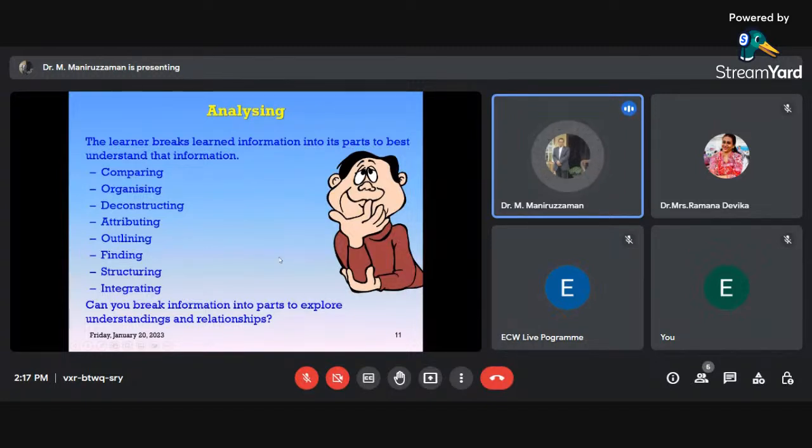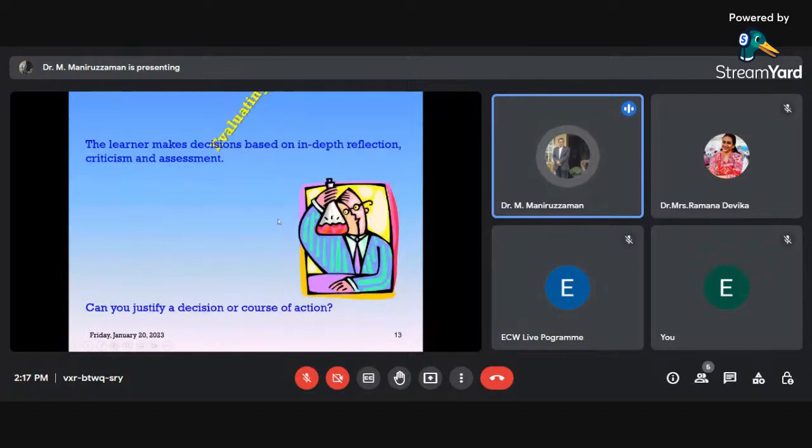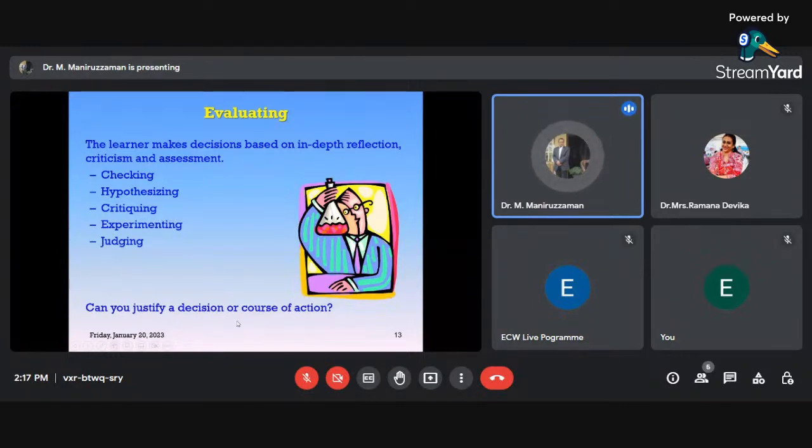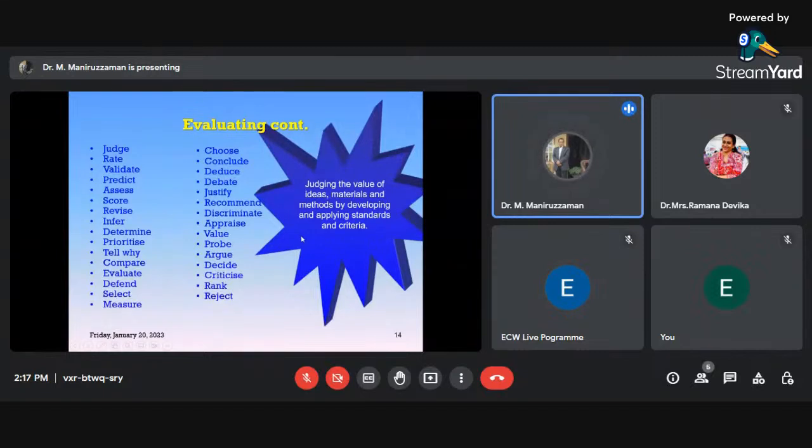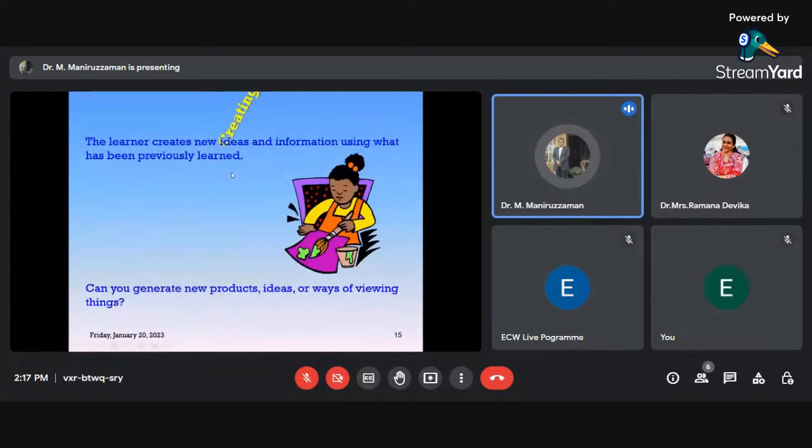And the fifth level of learning, evaluating, is consistent with the question, can you justify a decision or course of action? The action verbs for evaluating are in this list: judge, rate, choose, etc. And creating, the highest level of learning, is in harmony with the question, can you generate new products, ideas, or ways of viewing things?